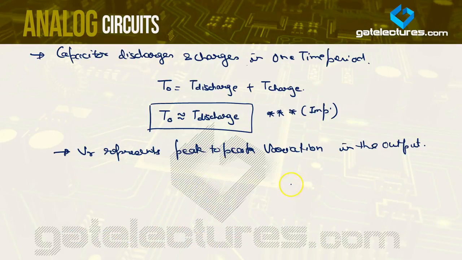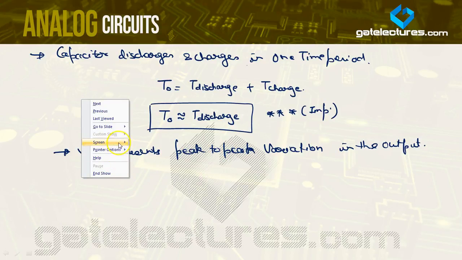It's a peak to peak variation. Now let's try to find out the peak to peak variation in the output voltage, or you can say the ripple voltage. What is a ripple voltage?